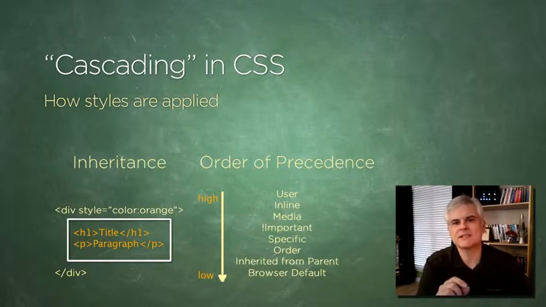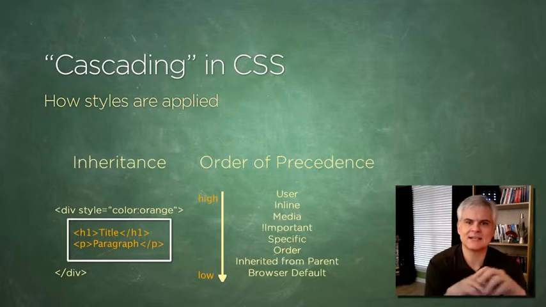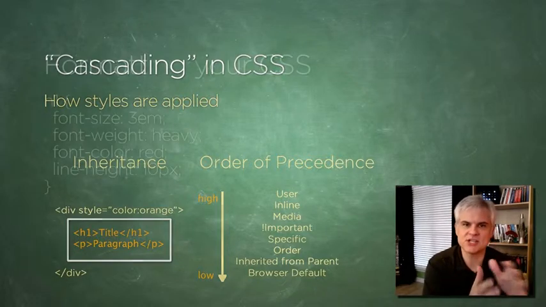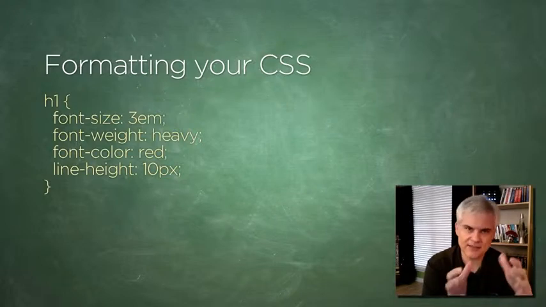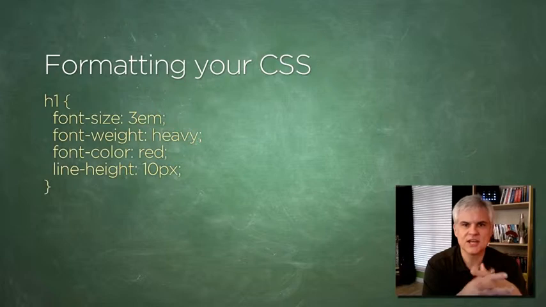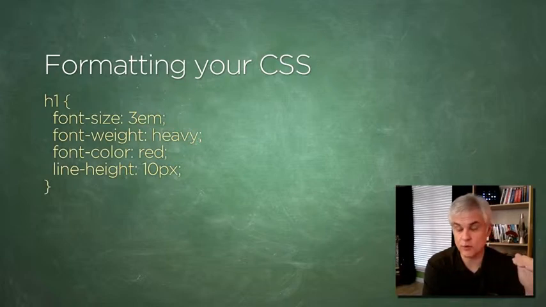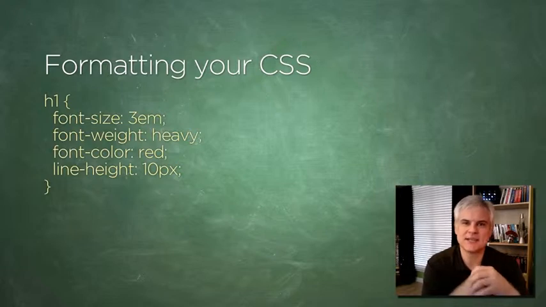But before we leave this topic of the basic format of a style definition, there's a number of common conventions that I've seen where developers and designers have formatted their cascading style sheet styles, and I actually prefer one of the more verbose styles, only because I'm teaching and it's easier to point things out.